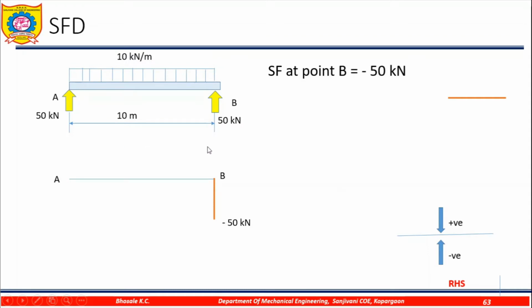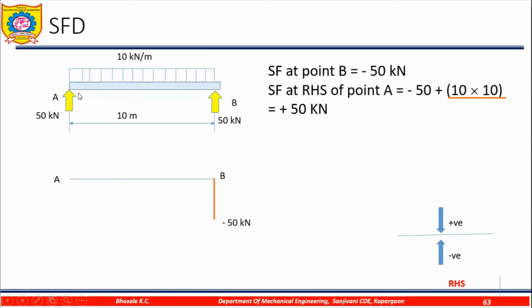Then at point A, shear force on the right-hand side. There is a UDL between points A and B, so we have to consider this UDL. Keep the previous value minus 50 as it is, plus, because the UDL is going downward, so that is plus sign, 10 into 10. We convert the UDL into a point load, 10 into 10, where 10 is the intensity and 10 is the length of the UDL.